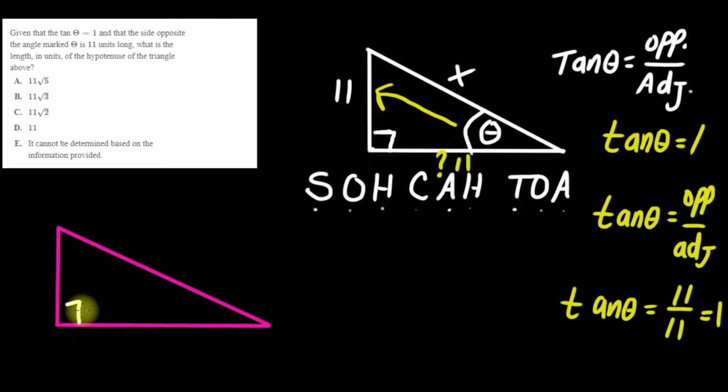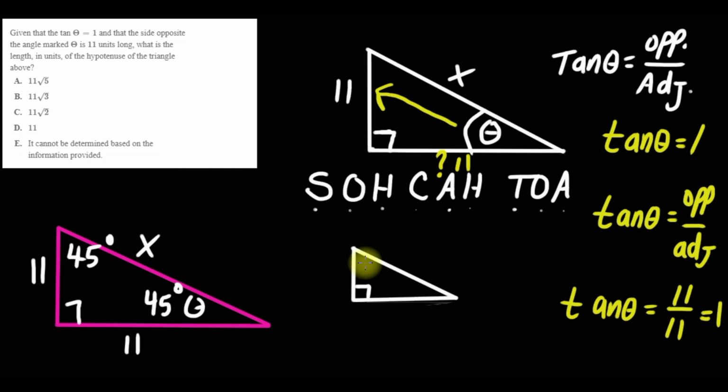So here's a triangle again. So theta is here, right? And we have 11 here and then 11 here. So we're looking for this side. Well, there's two ways that you can do this. You can use the Pythagorean Theorem because you're given two sides. You know two sides. You can use the Pythagorean Theorem to come up with the third side. Because the two legs are the same, it's one of those special right triangles, the 45, 45, 90 degree right triangle.